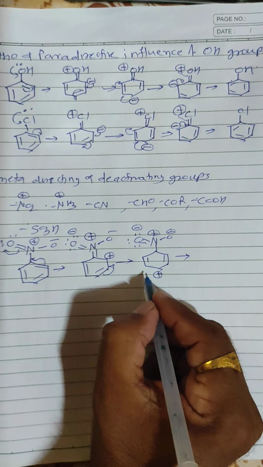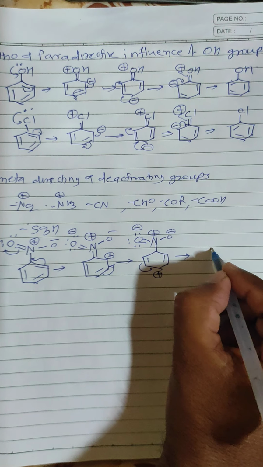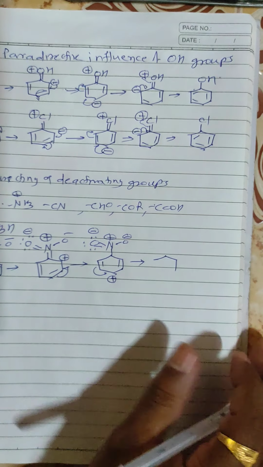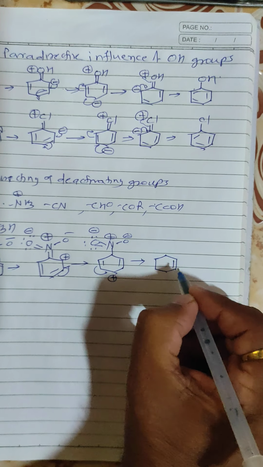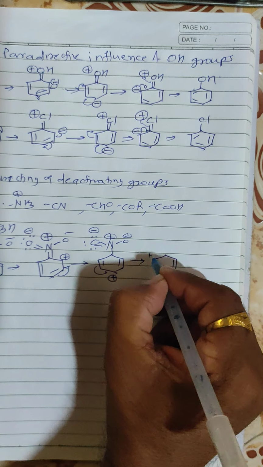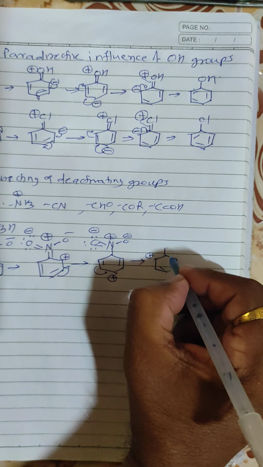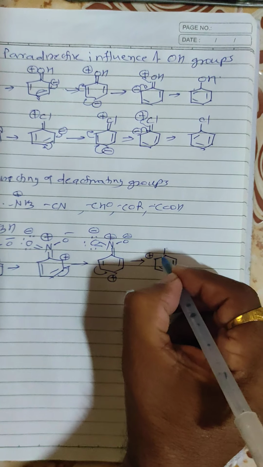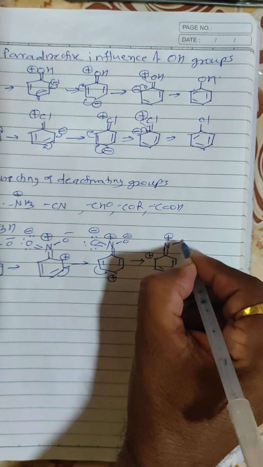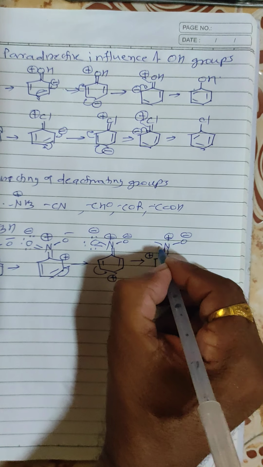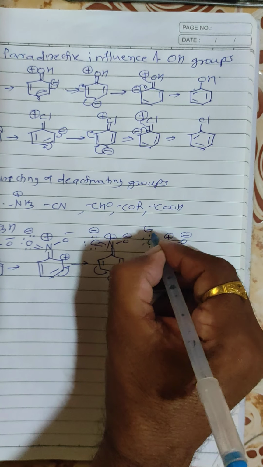Again the resonating structures like they are shifted here, and to form ortho positions like benzene with double bond here, positive charge, then double bond N with positive charge, oxygen negative charge, double bond with oxygen, three lone pairs of electron with a negative charge.